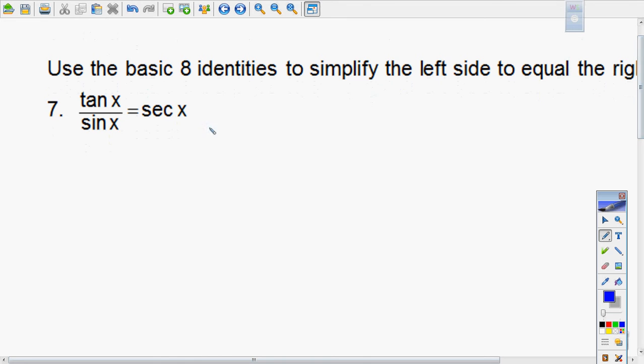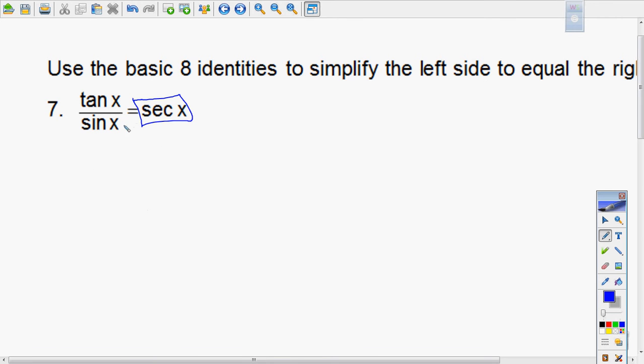So you look right here, we have tan x. So I'm going to prove that this is my answer. Okay, so what's the first thing I want to do with the left side?